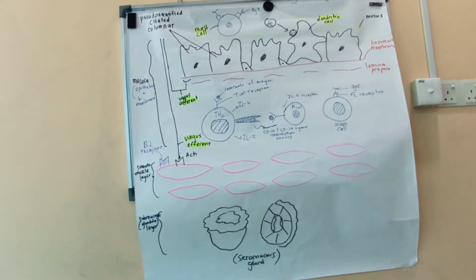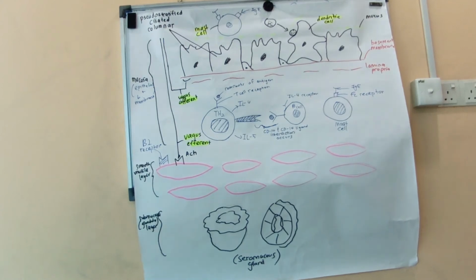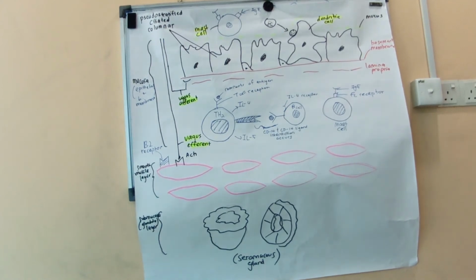Now I'll be talking about the location of the things here a bit more. Under the epithelium we have the vagus subepithelial receptors, which are efferent. That means they take the signals away from the respiratory airway to the center and bring the efferent back.